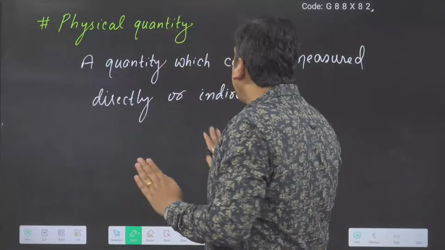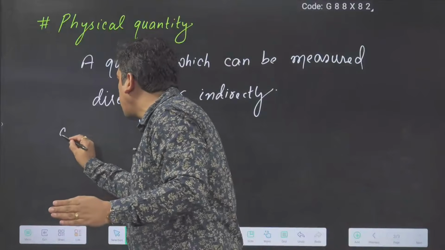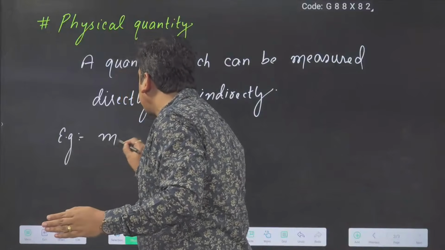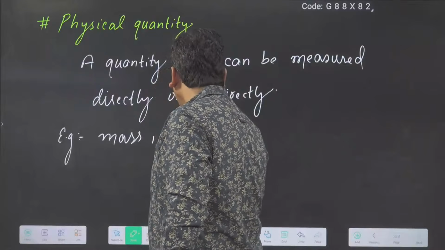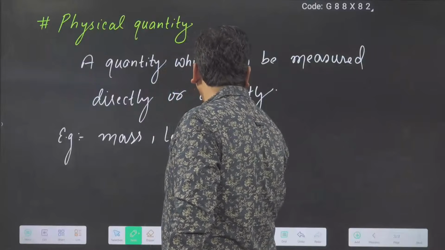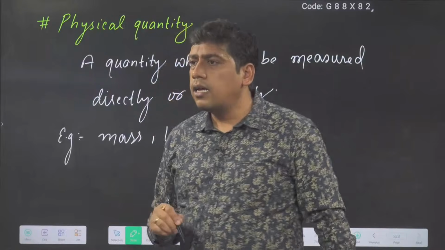Now, any quantity which can be measured. Can you tell me some examples? Mass, length, time. Anything other you can say?